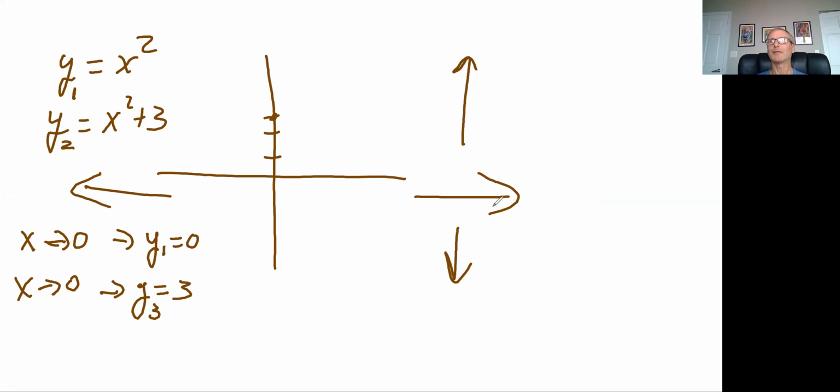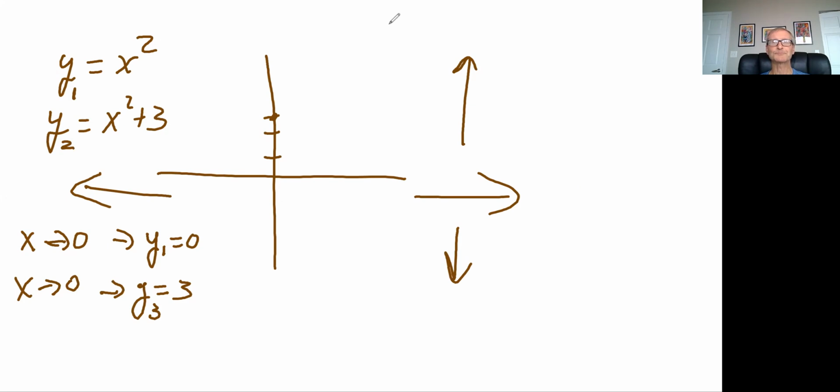And what's weird about that is that now we want to affect the x variable, not the y. And so it's opposite. If you subtract, you move to the right, and if you add, you move to the left. And that's a little bit tricky because it's counterintuitive. But if you think about how things work at the origin, it might help you a little bit.